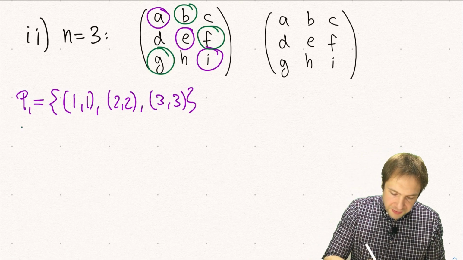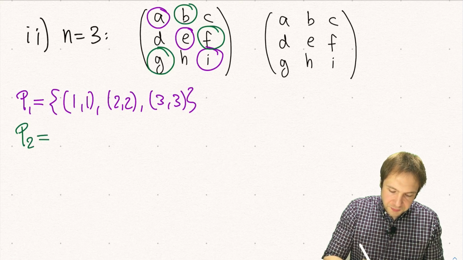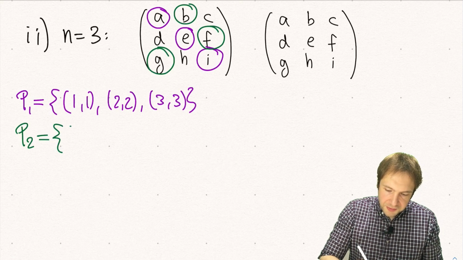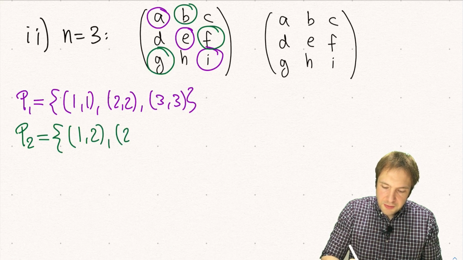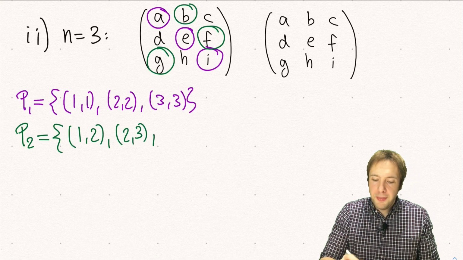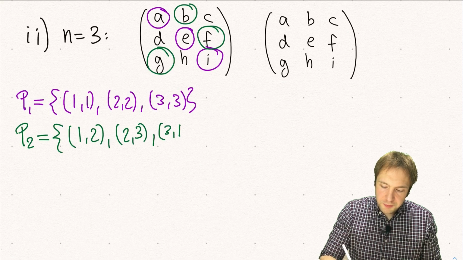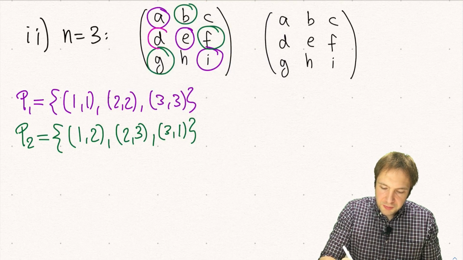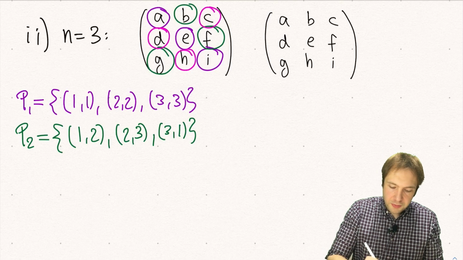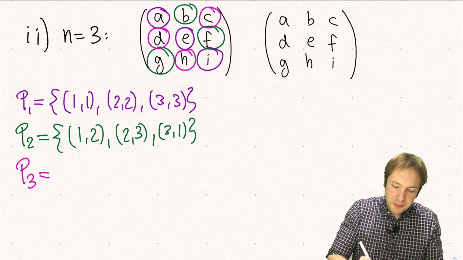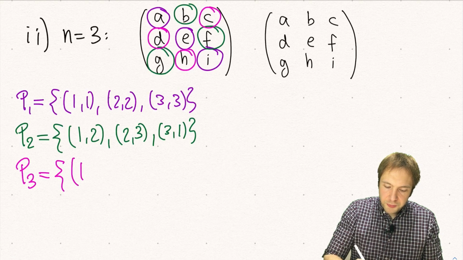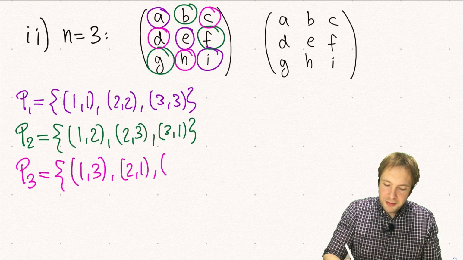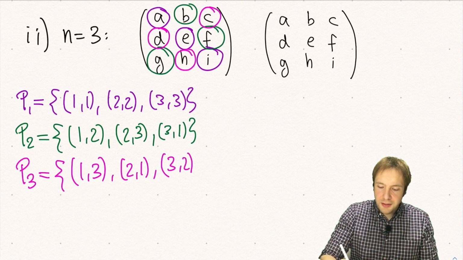So P2: I choose in the first row, second column, second row, third column, third row, first column. And now let's choose this one, and this one. So this is P3: first row, third column, second row, first column, third row, second column.